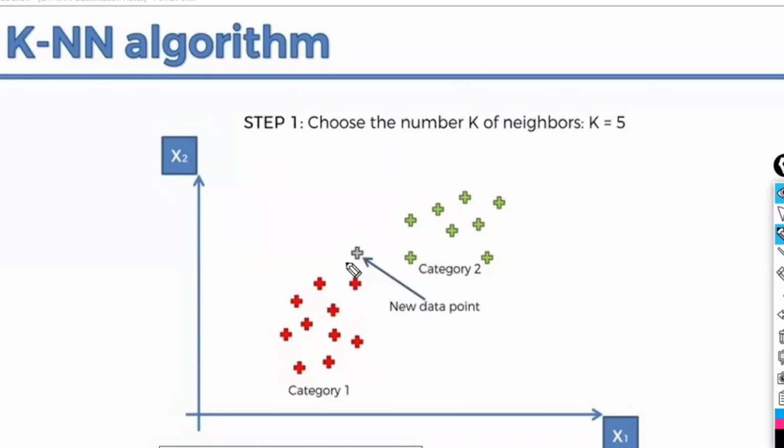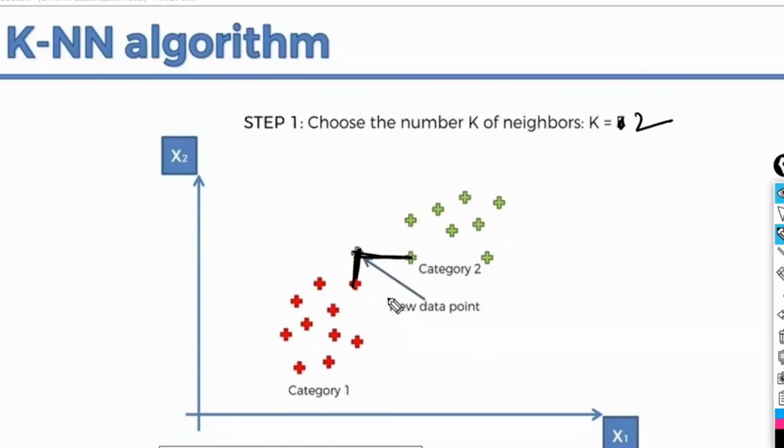After calculating each of them, it will finally decide. For example, k equal to 1 means it will identify this one as the nearest. Since it is red, the new point is also going to be converted to red. Next, k equal to 2: these are the 2 close points, the 2 least values among the 18 distances.